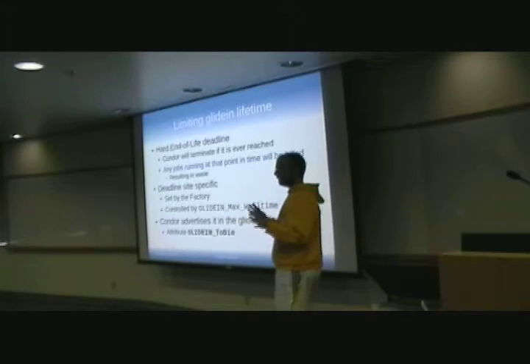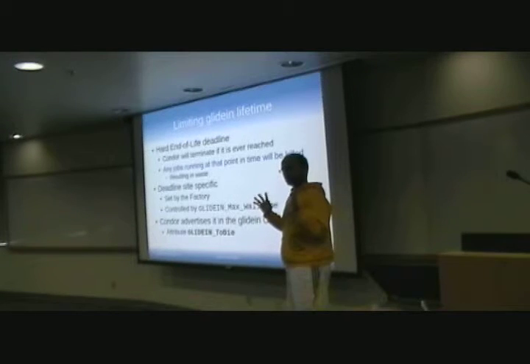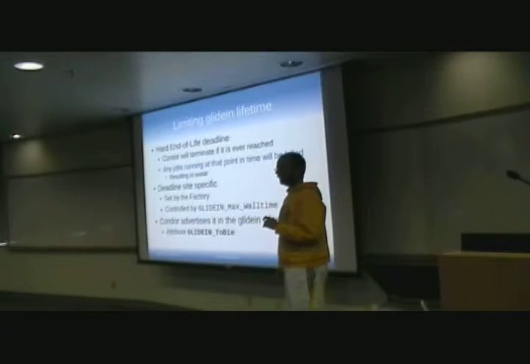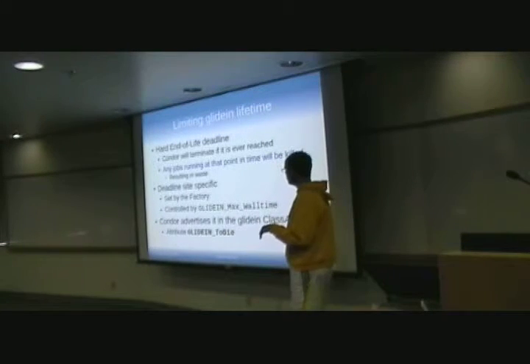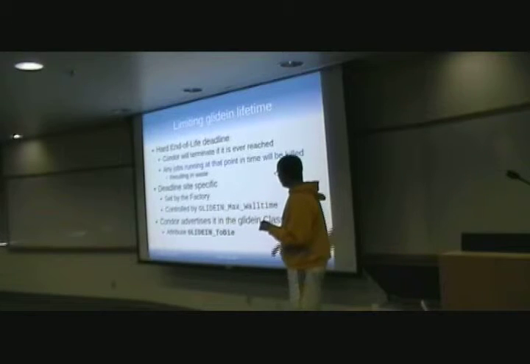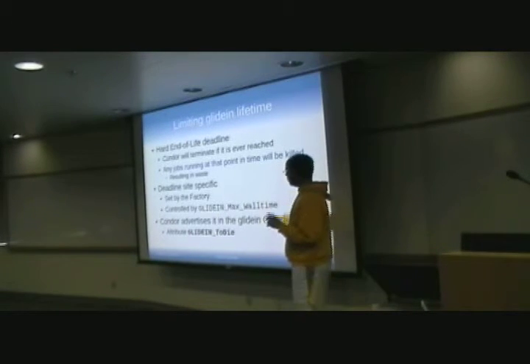But that's again not something that the factory can really decide. We just configure it in such a way that we live within whatever the site supports. And this is advertised by the factory as the glidein max wall time.